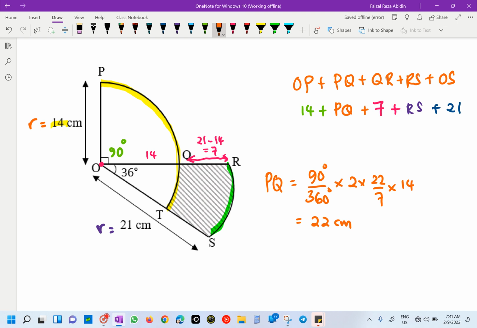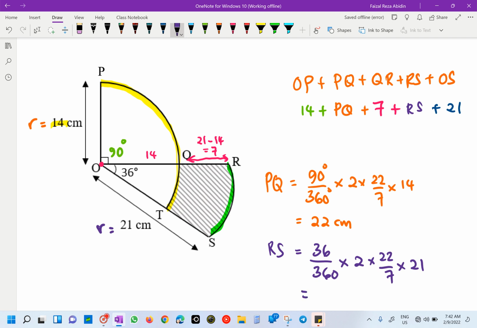Okay. Then we are going to find for our RS. Okay, so to find our RS over here, theta 36 over 360 times with 2 pi and also radius here is going to be 21. Jangan pula 7 tu.